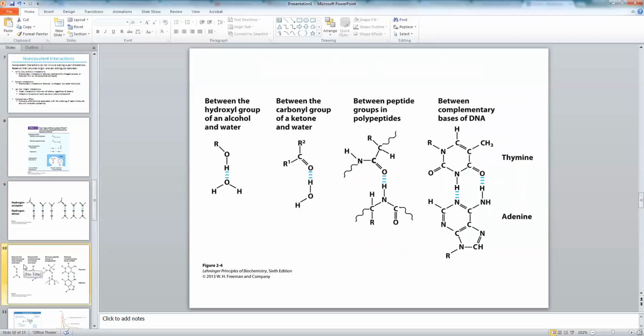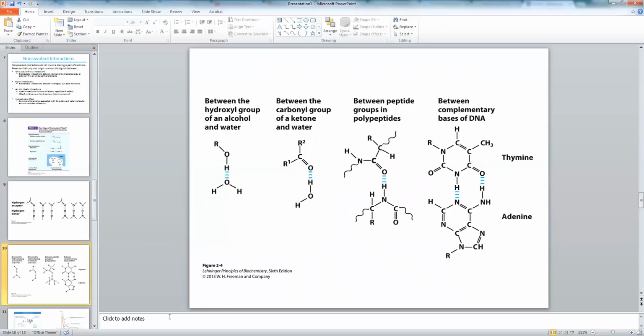And if we think about some examples of that, you could actually see between the hydroxyl group of an alcohol and water, you would see hydrogen bonding. You could see it between a carbonyl group of a ketone and water, and then between, say, for example, peptide groups, or between complementary bases of DNA. And these are all examples of where hydrogen bonding is found in living organisms.